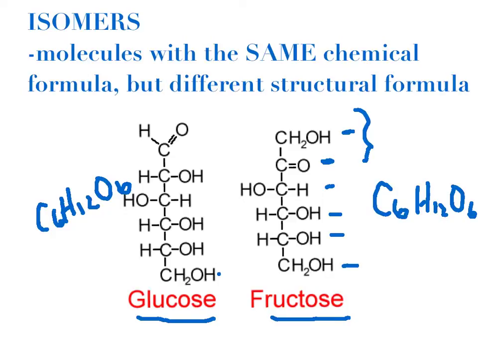They're molecules with the same chemical formula, but they have a different structural formula. And we see this with the carbs quite a bit. Very similar compounds, but different structural formula. These two molecules have different physical and chemical properties as a result of these small structural changes. So this is really common in carbohydrates as well.